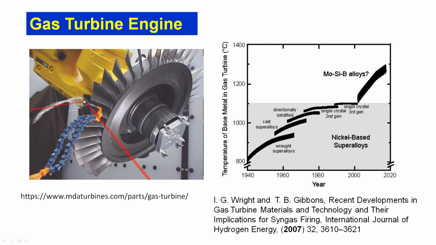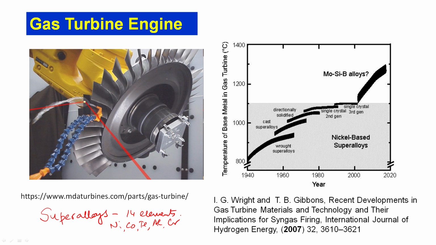From the 1940s to 2020, you can see this paper from Wright and Gibson provides recent developments. Initially, we always used superalloys. They contain many alloying elements, about 14 elements in the material, but mostly nickel, cobalt, iron, aluminum, chromium, and there are many other elements possible.